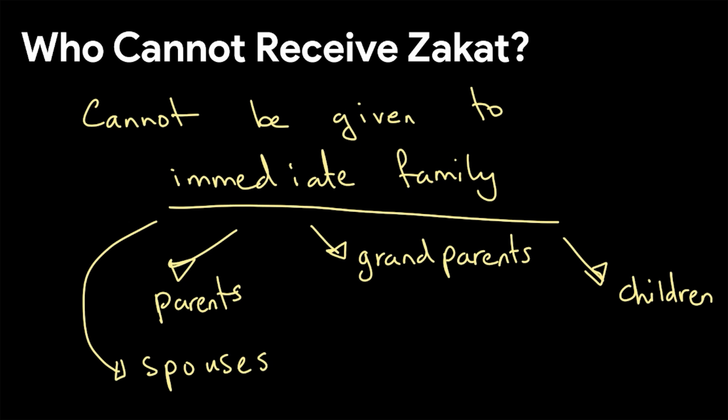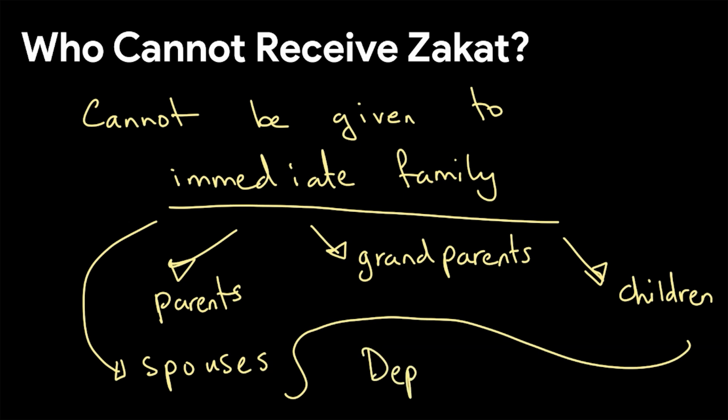The reason for this is because it is already an obligation upon you to help these people financially and in any other form. They are your dependents, and it is your obligation to help them financially and in any other form that they might require.